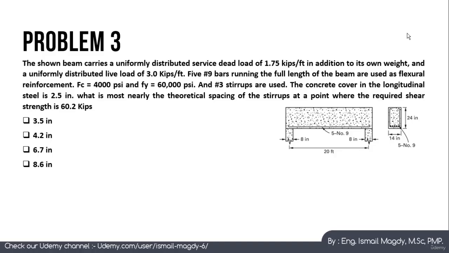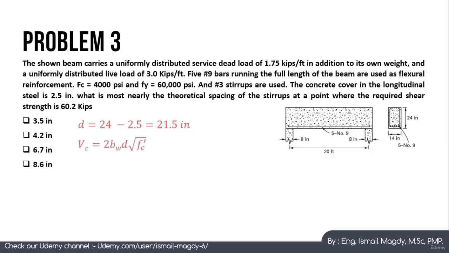In order to do that, we will start first by calculating d, which equals the total depth, which is 24, minus the steel cover, which is mentioned here as 2.5. So d equals 24 minus 2.5 equals 21.5 inches.